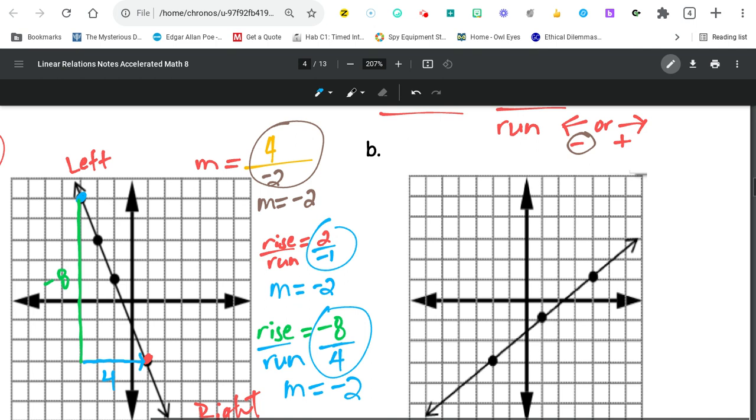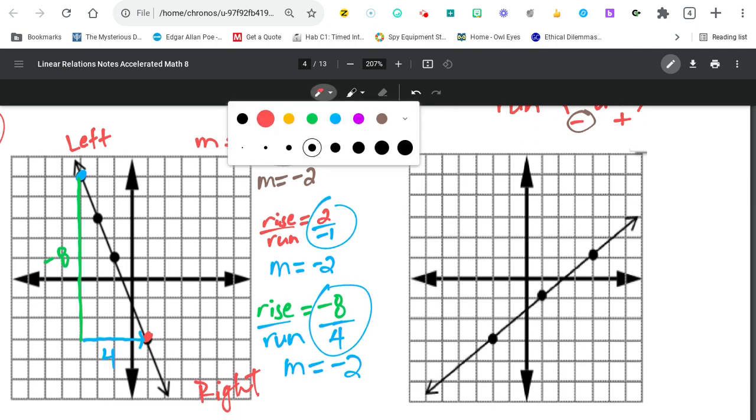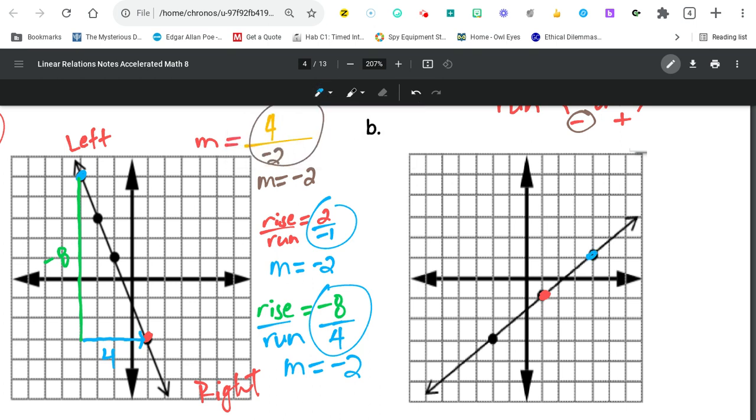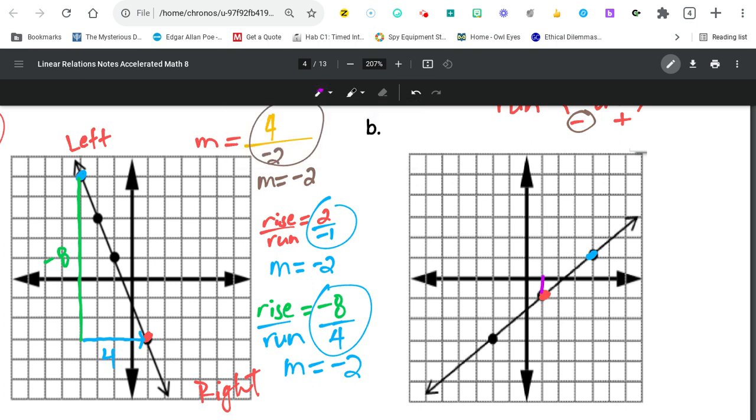All right, so let's take a look at B. Taking a look at B, you can choose any 2 points you want. I'm going to choose this point, and I will choose this one. I like to rise or start from the bottom and rise up. So I'm going to start from the red point and go to the blue one. So I'm going to go up 1 unit, 2 units, only 2 units.